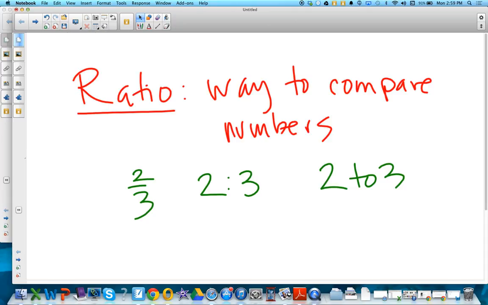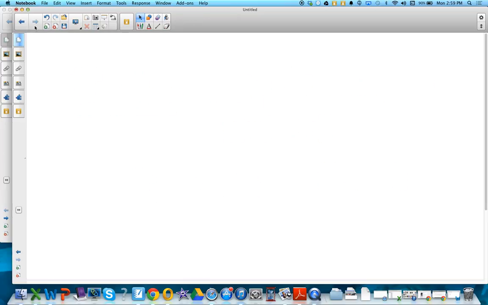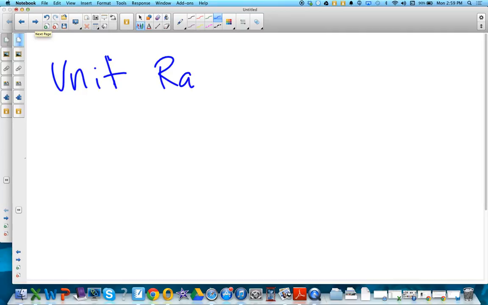So now, what is a unit rate? A unit rate is when our comparison, so let's go back to our 2 to 3, we turn the denominator to 1.